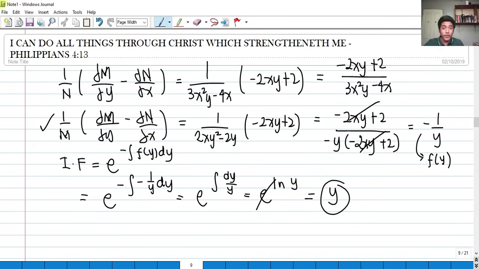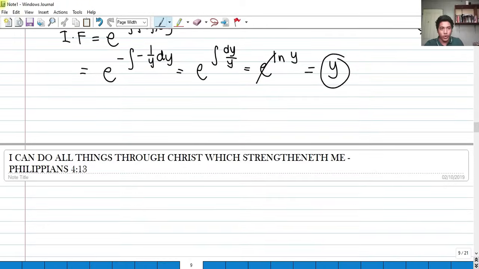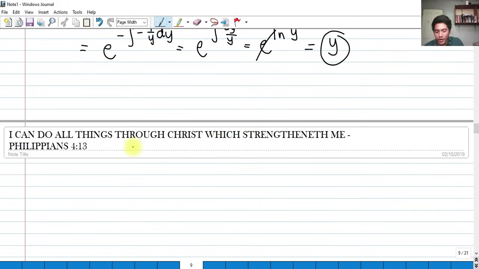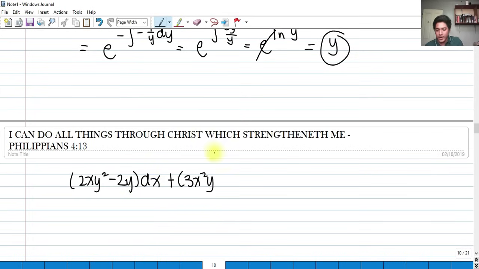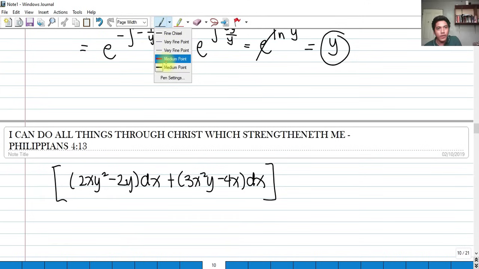We would multiply this integrating factor into our whole equation. Our differential equation is 2xy squared minus 2y dx plus 3x squared y minus 4x dy, and this is equal to 0. We are going to multiply this by our integrating factor, which is y.